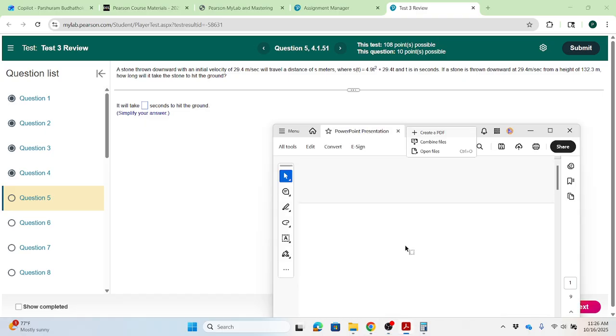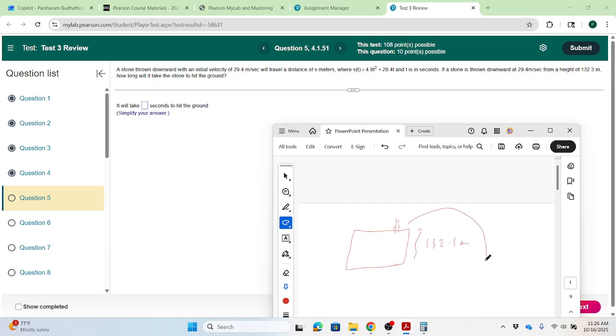Okay, so we need to find out, because look here, the problem is there is something, let's say a building, and someone is throwing a stone from here. The height of the building is 132.3 meters, and then that stone comes down here, and that curve can be modeled by this function s of t. That's the distance. So the distance it goes down is 132.3 meters.